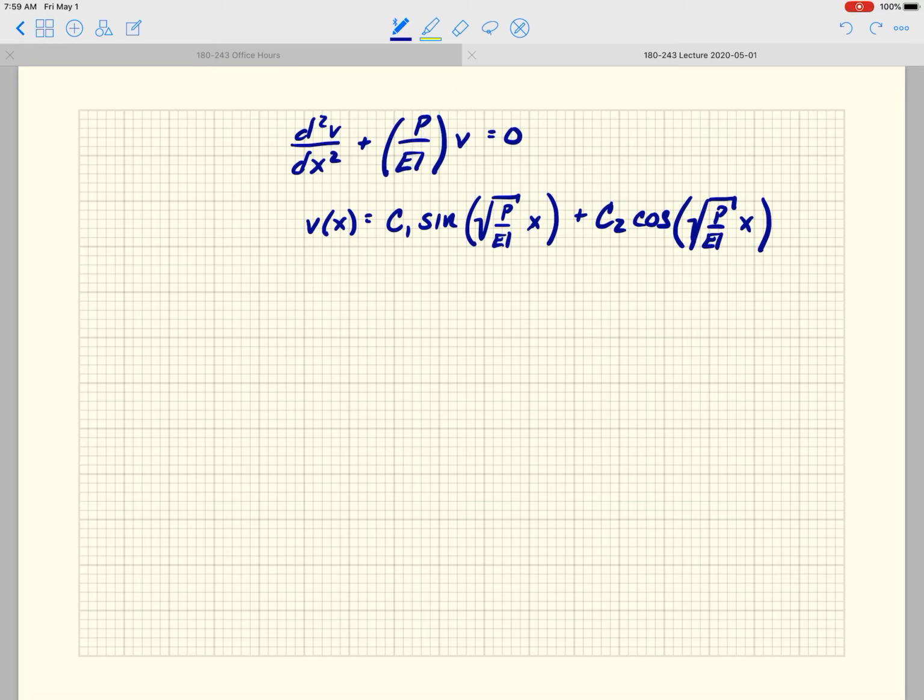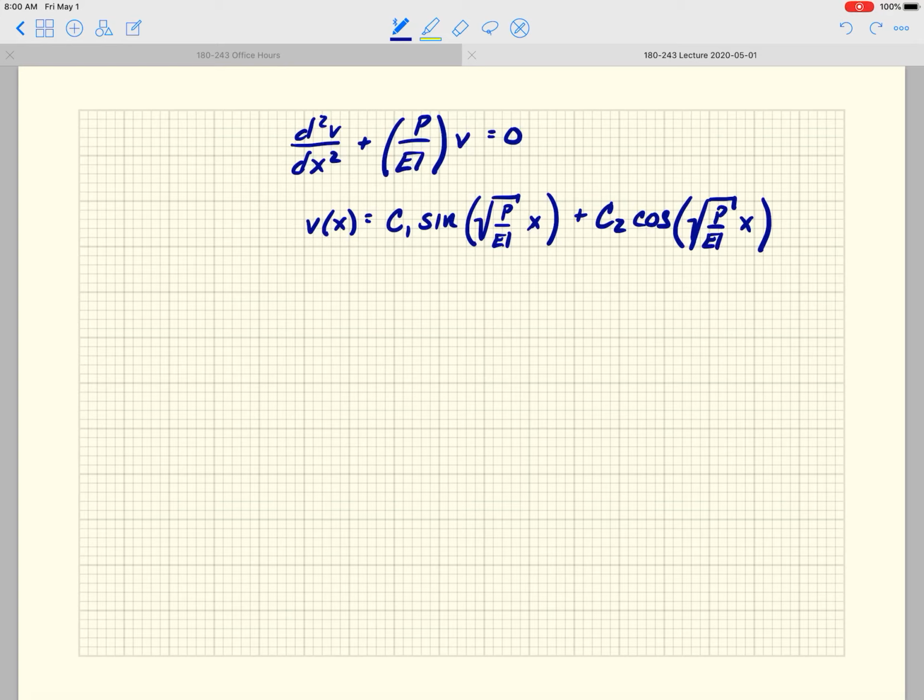The way to verify this is to take the second derivative of that v of x and plug it into this equation, and you'll see that it satisfies the equation. So you take the second derivative, and everything is multiplied by a minus P over EI. Other than that, it doesn't change.